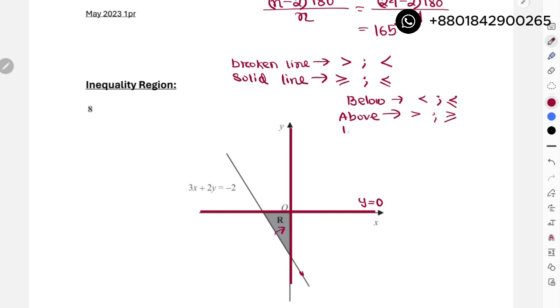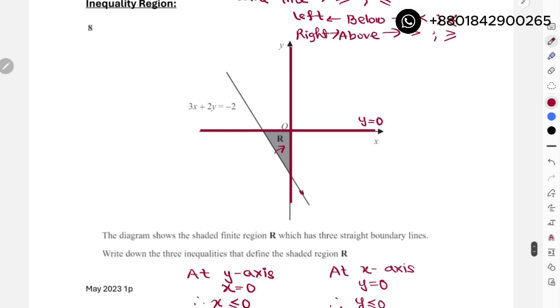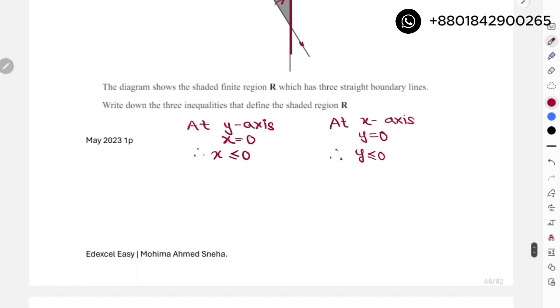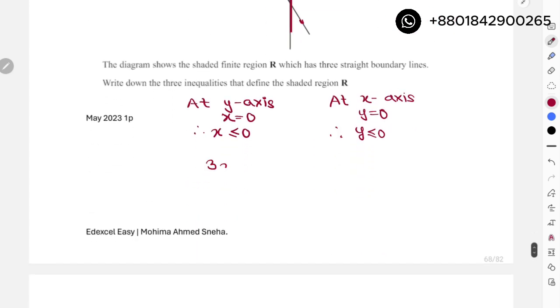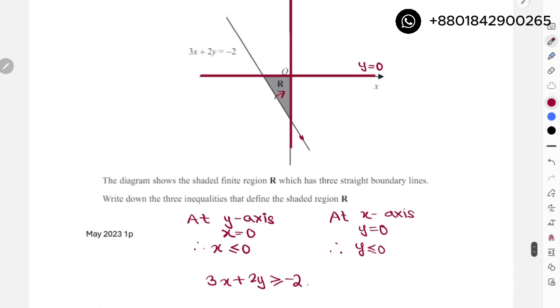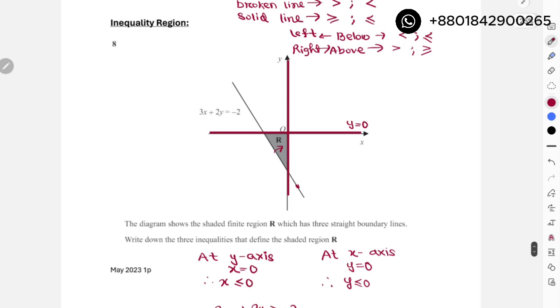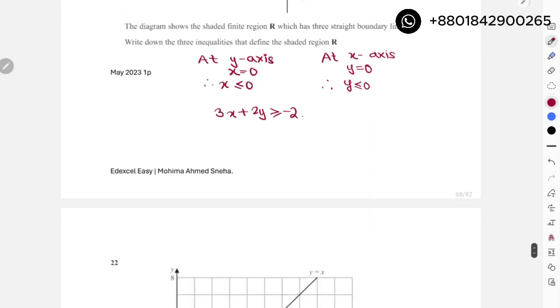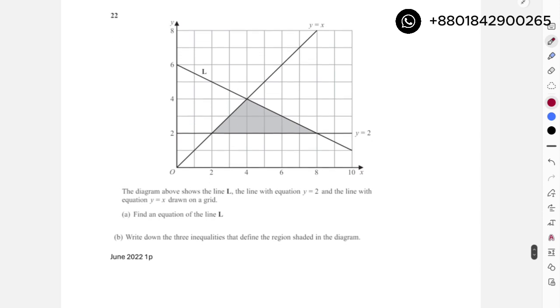Left means less than or less than equals to, and right means the same thing as above. In this situation, the region is above the inclined line. So you will get the inequality as 3x plus 2y greater than or equal to minus 2, right? So this is your case for inequalities. After this, in the next question, they are asking to find out the value for n, right?